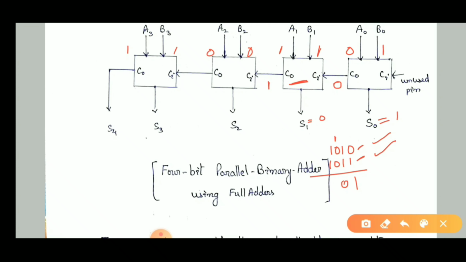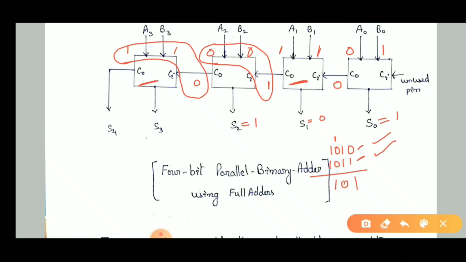Now 1 plus 0 plus 0. You have to add these 3. Adding these 3, we will get 1 as sum and 0 as carry. Again, for this full adder, the inputs are 1 1 0. That is 1 plus 1 plus 0.